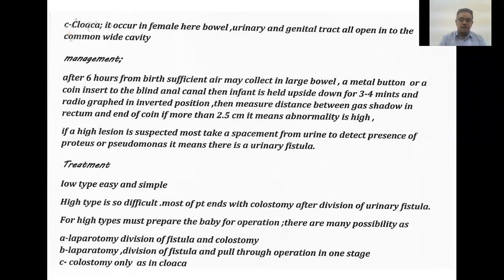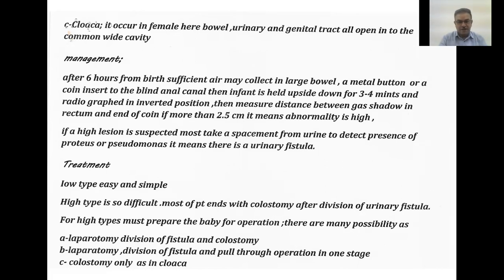And the management of the congenital abnormalities: after 6 hours from birth, sufficient air may collect in the large bowel, and a metal button, a coin, is inserted to the blind anal canal.